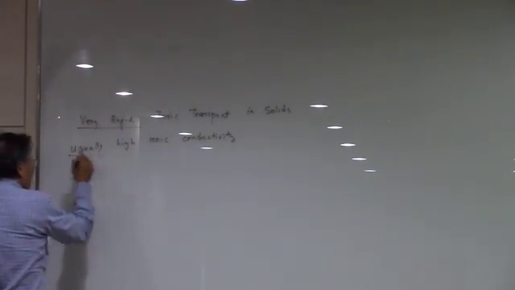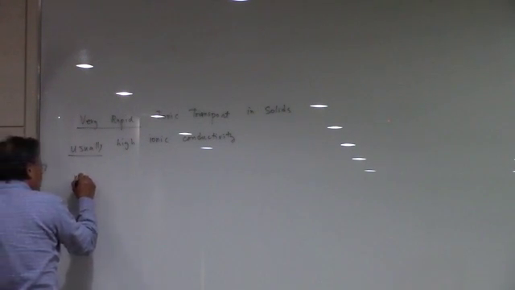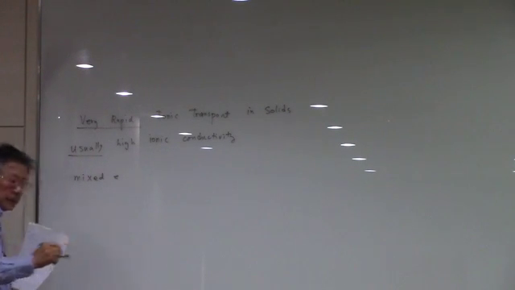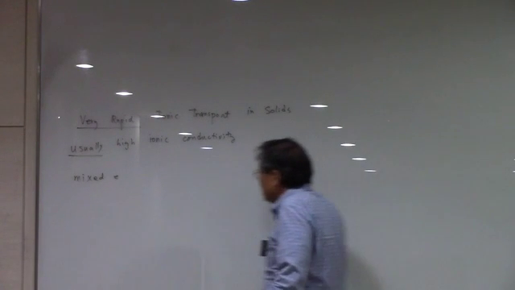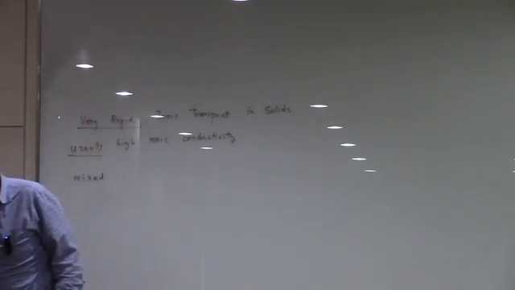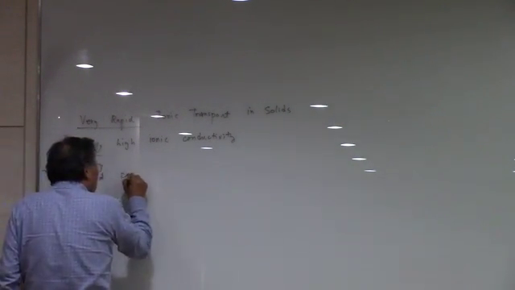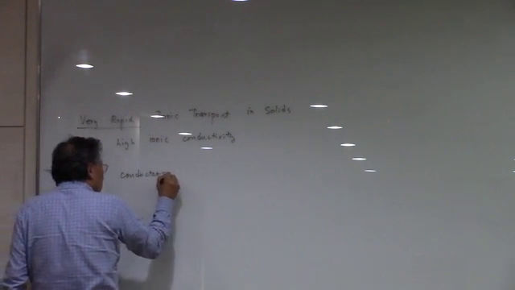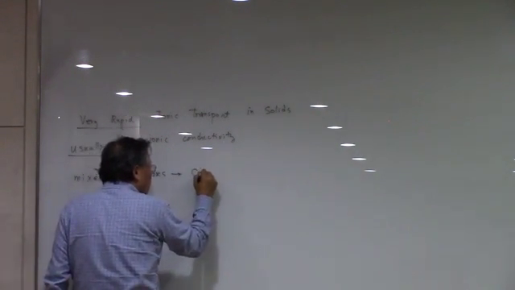And this high ionic conductivity, if it happens in the mixed electrolyte, mixed conductors, then probably we can use this material as a cathode.